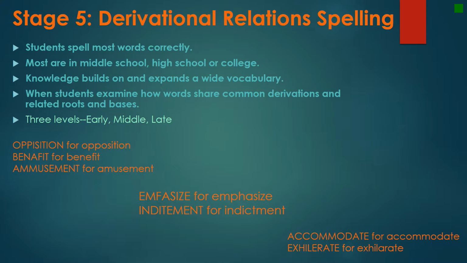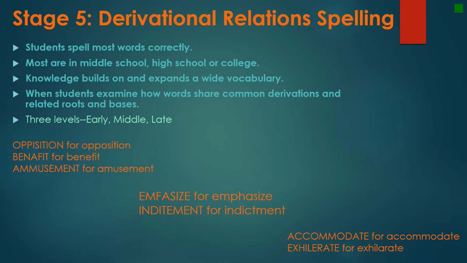The fifth stage of spelling, derivational relations, is where we are as adults, hopefully, and some middle school students, high school students, college students are also there. Students spell most words correctly at this stage, and their knowledge builds and expands on their vocabulary knowledge, and they begin to examine how words are derived and how roots and bases work.